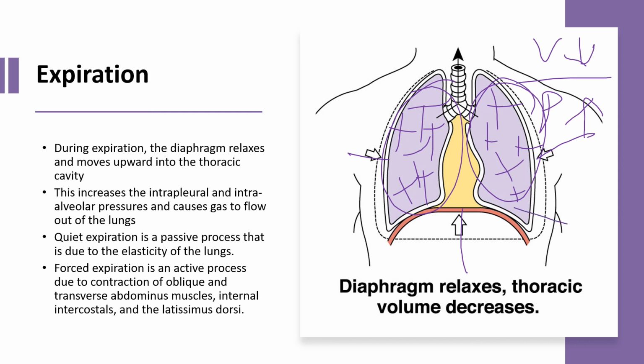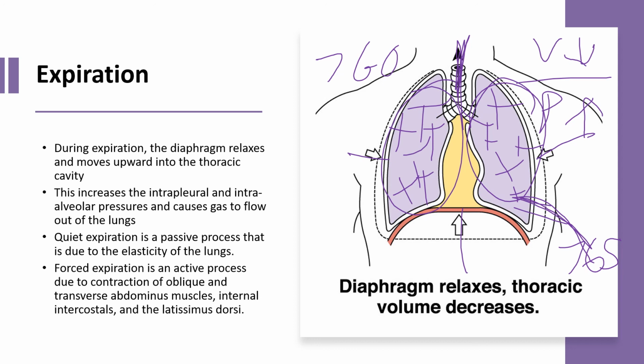And let's just say it's 765. And then atmospheric pressure is 760. Well, that means we have a higher pressure in our lungs than we do in the atmosphere, so gas will then flow out of their lungs until we reach 760, until we reach equilibrium, and then hopefully we start the cycle over again for about a good 80 to 100 years.